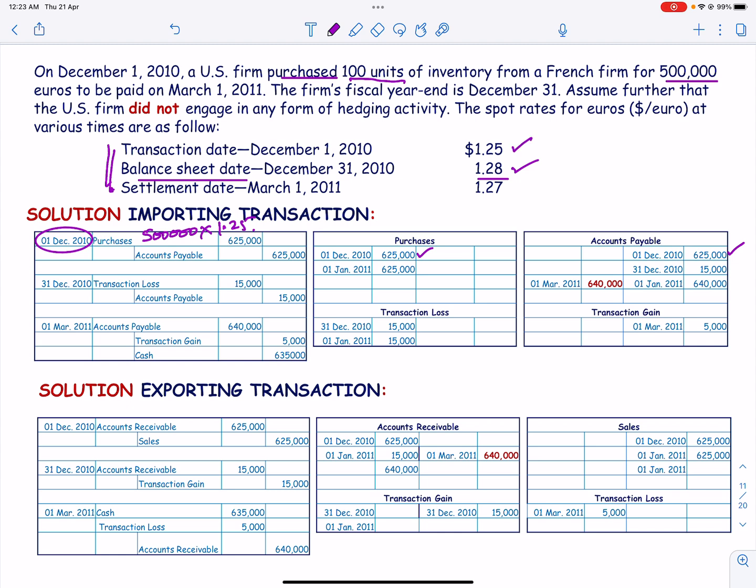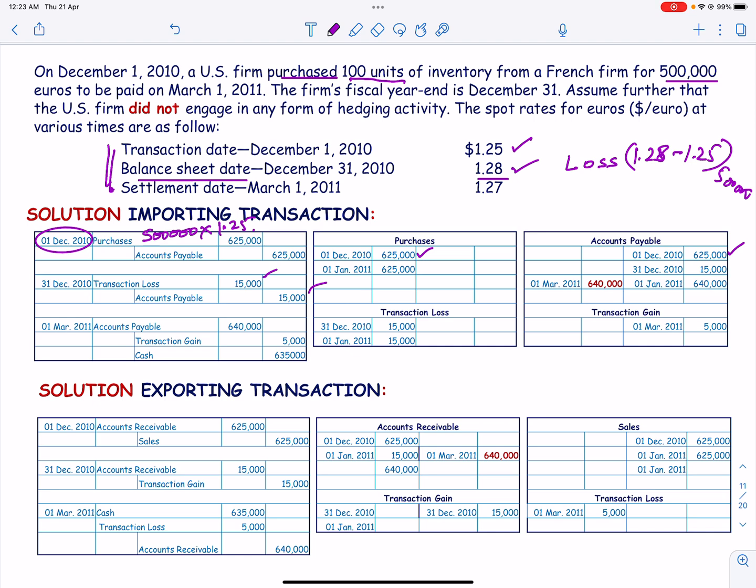So the US company is making a loss. 1.28 minus 1.25 times 500,000 is 15,000.